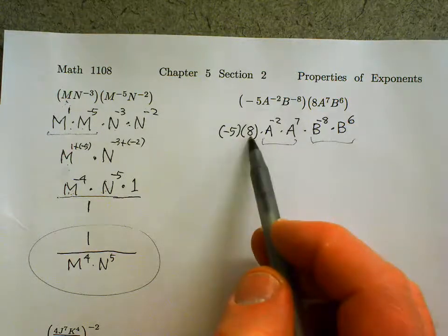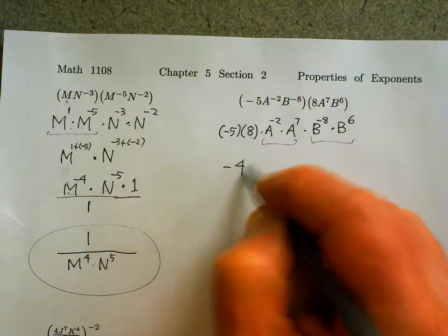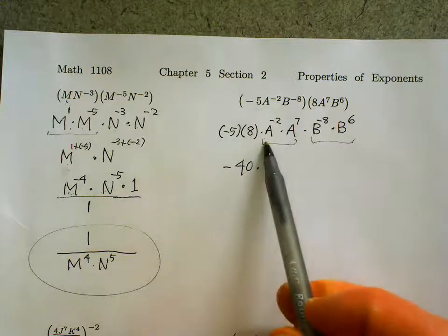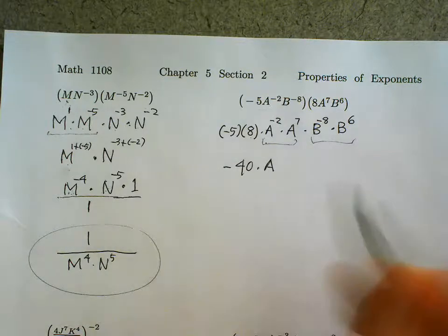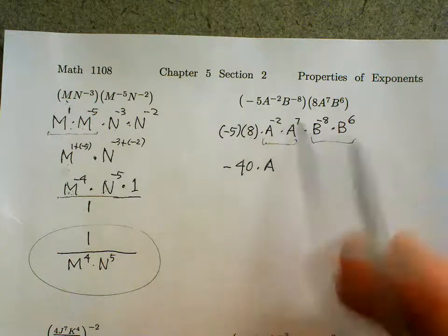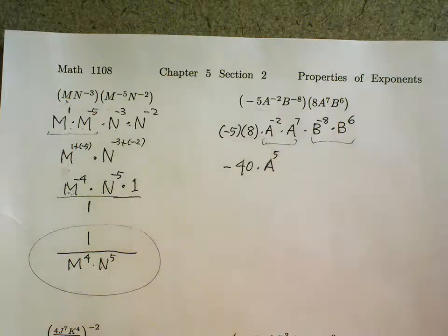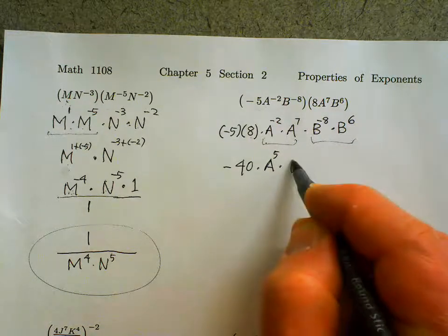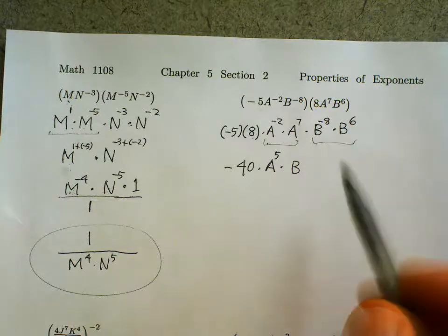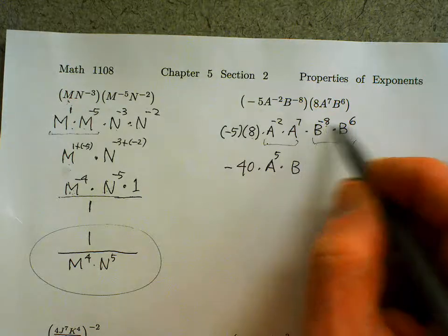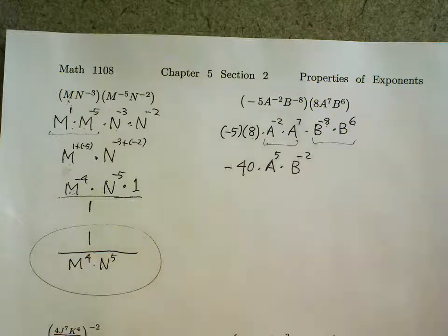Negative 5 times 8 is negative 40. A to the negative 2 times a to the 7th is a to the negative 2 plus 7, or a to the positive 5. And b to the negative 8 times b to the 6th is b to the negative 8 plus 6, or b to the negative 2.